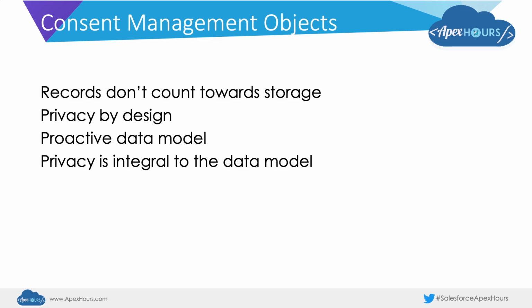Additionally, the data model provides an architectural pattern for organizations to embed privacy into the design and architecture of their IT systems and business processes, rather than bolted on as an afterthought. As a result, privacy becomes an integral component of the data model without diminishing functionality.